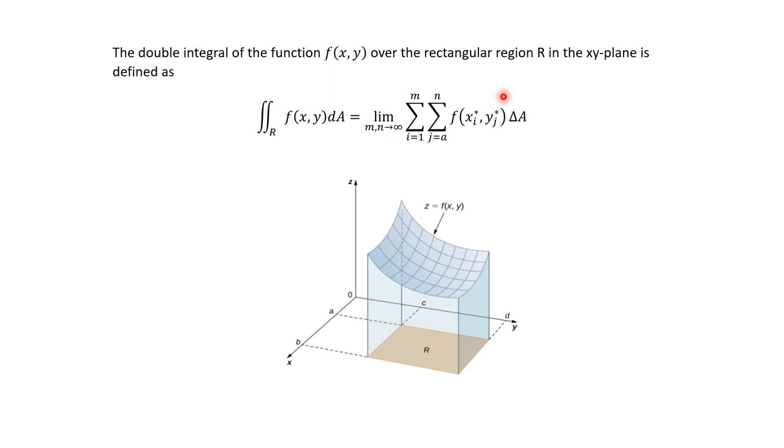Technically, what we're doing, if we want to think back to those Riemann sums, is we're actually adding up the heights of this surface times these little, I guess we'll call them delta A's, these little rectangular regions.